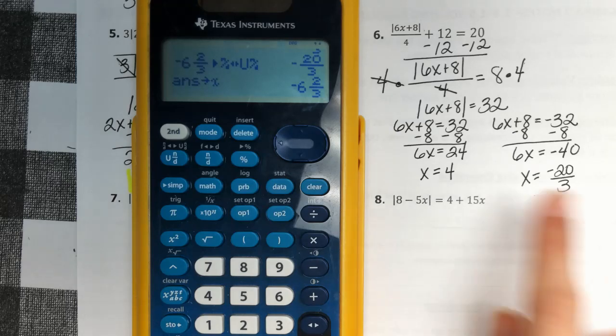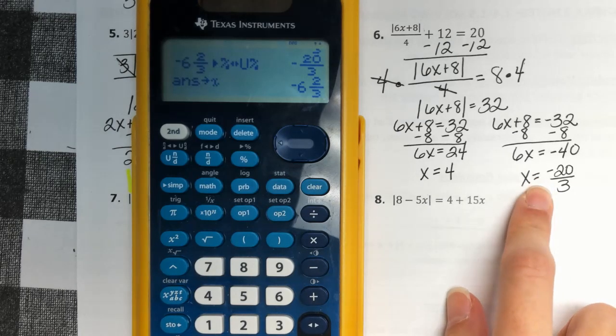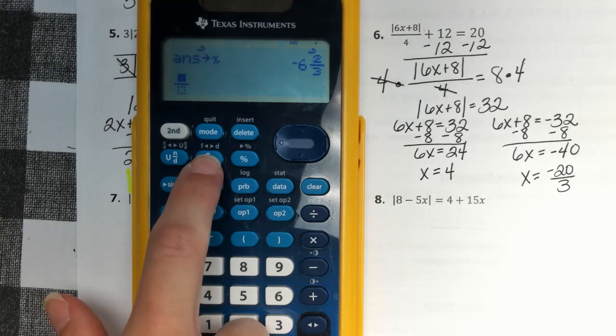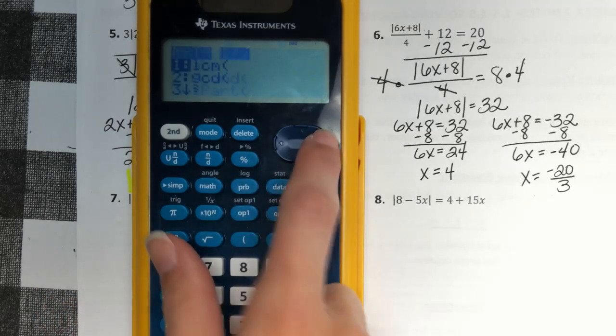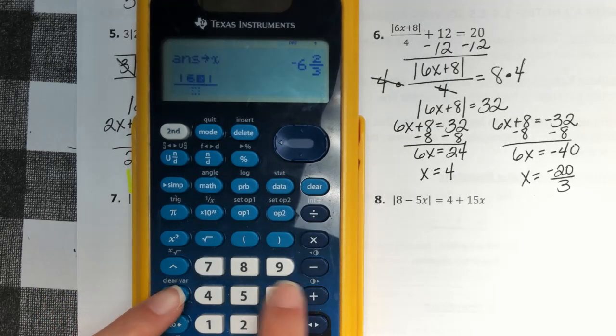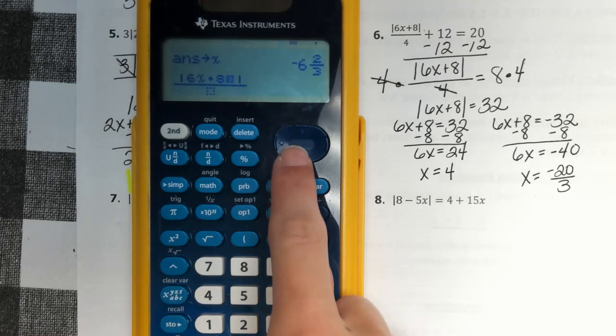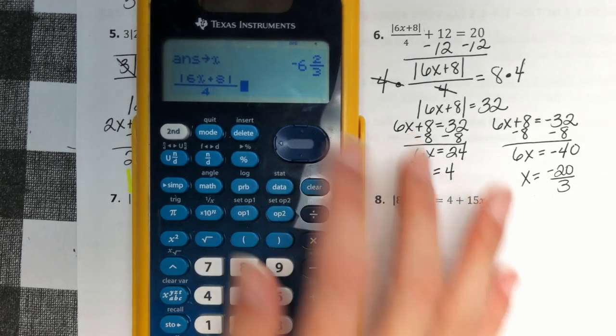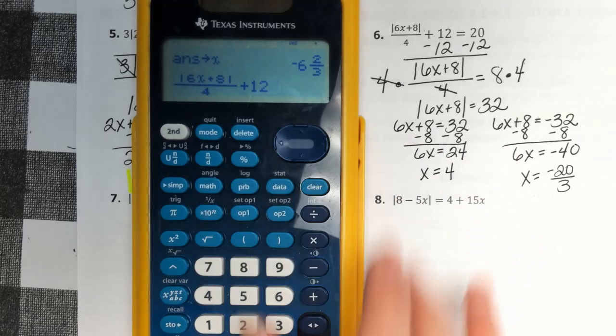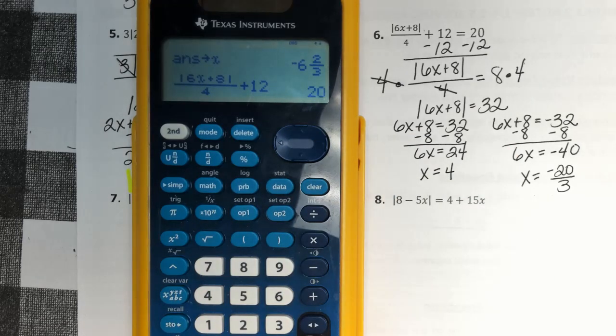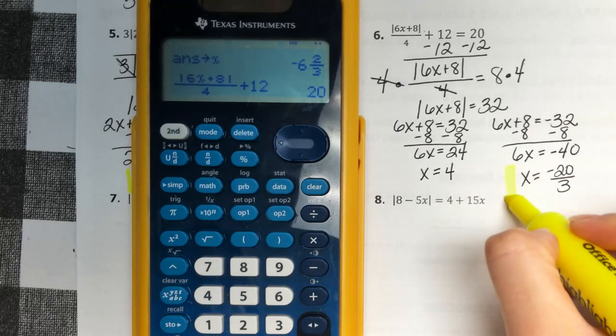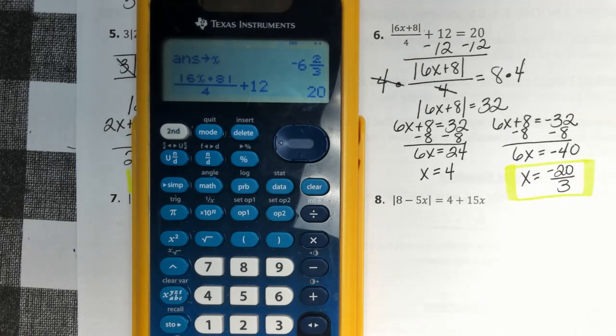Okay, so I'm now just checking the right one. So I'm going to set up my fraction, and I'm going to get my absolute value bars. 6x plus 8 over 4 plus 12. Gives me 20. So negative 20 over 3 is a good value for x.